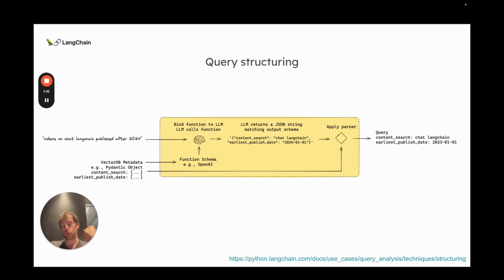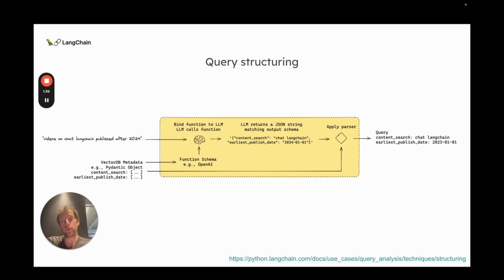So most vector stores will have some kind of metadata filters that can do structured querying on top of the chunks that are indexed. So for example, this type of query will retrieve all chunks that talk about the topic of Chat LangChain published after the date 2024.